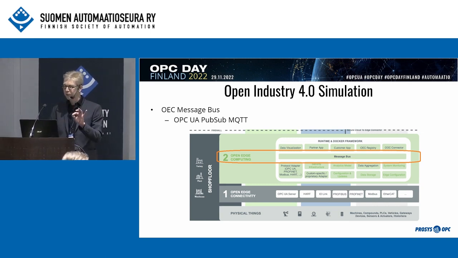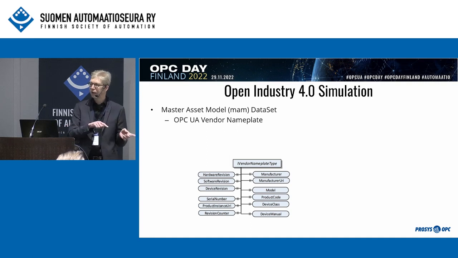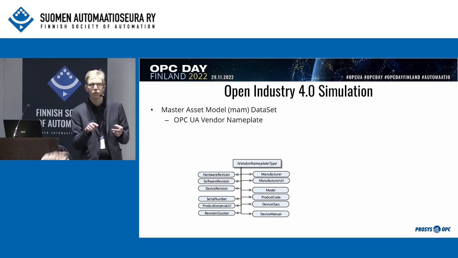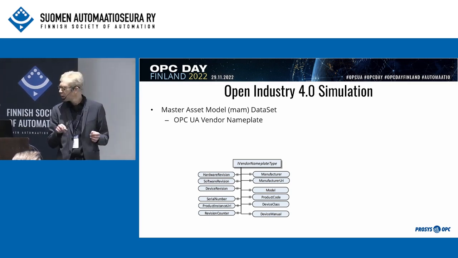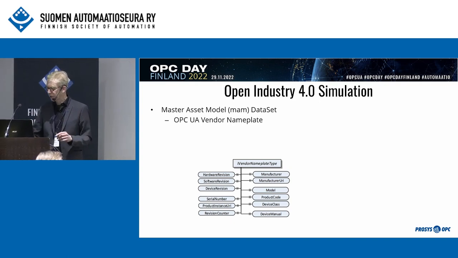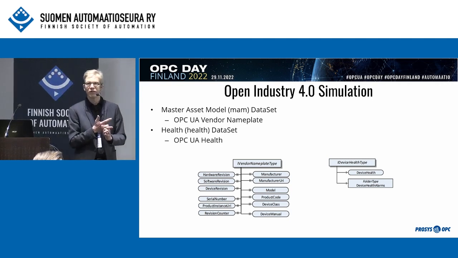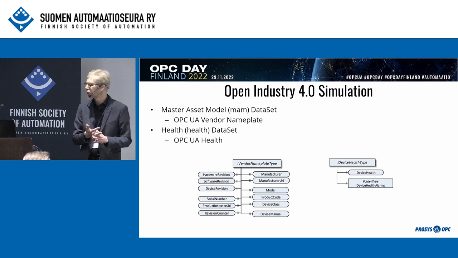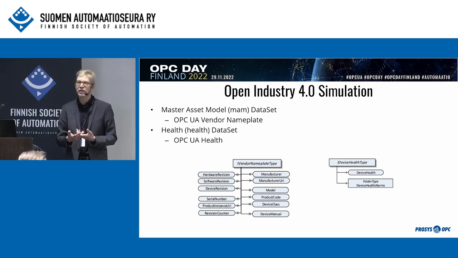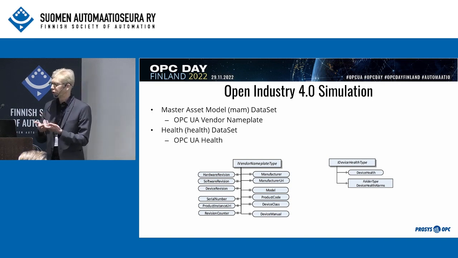Konrad explained the message bus that is PubSub MQTT, and then OI4 has picked the OPC UA vendor nameplate information that is defined in the device information model specification as the master asset model, like the manufacturer and serial number information, and they picked another dataset defined for device health in the same OPC UA specification, and they define how these messages are sent specifically to an MQTT broker using OPC UA PubSub.